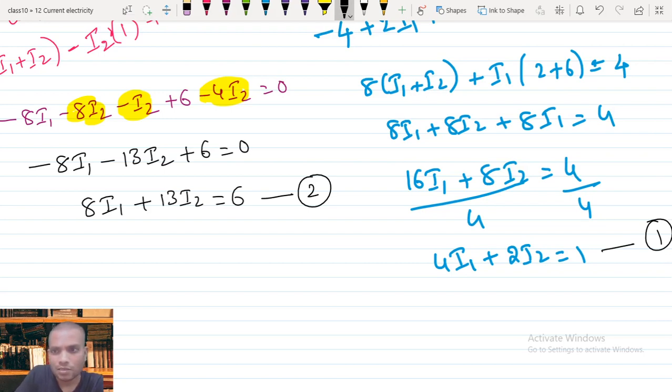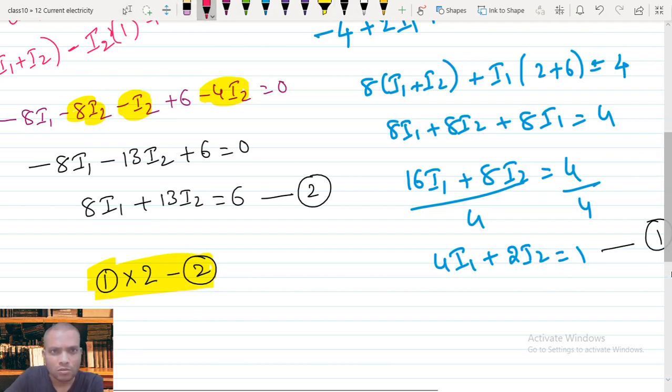How can I solve? First I'll multiply equation 1 with 4 and then subtract from 2. Actually, it's supposed to be multiplied with 2, then it's easy to cancel with 8I1. So I am multiplying equation 1 with 2 and subtracting from the second equation. Here the round ones are the equation numbers, and which is not round, that is a number.